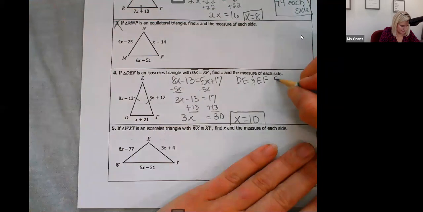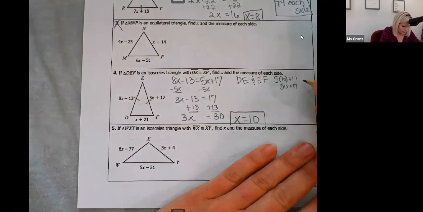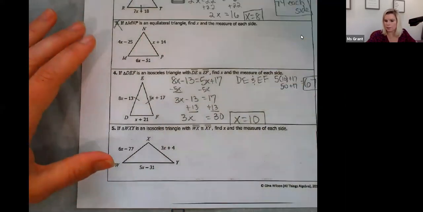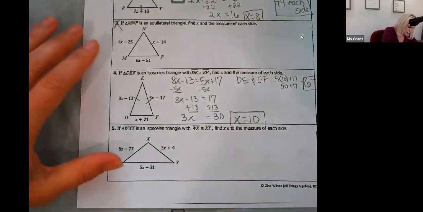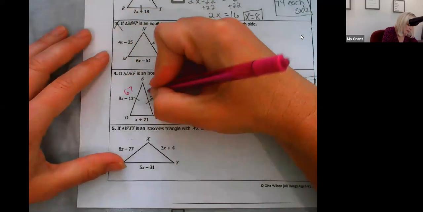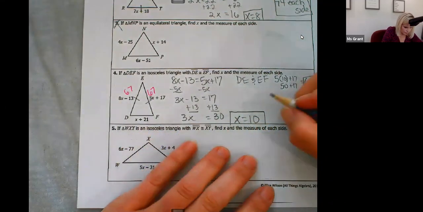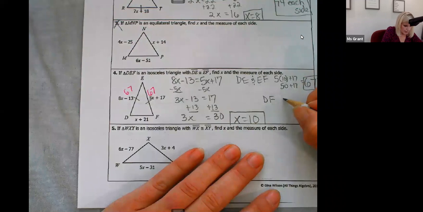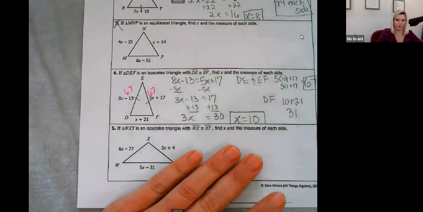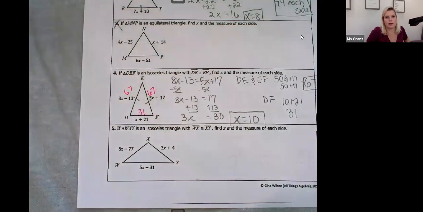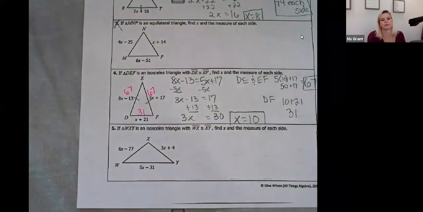How about 5 times 10 plus 17? 50 plus 17, 67. That's these ones. Let me use a color. 67 and 67. But then DF is 10 plus 21. That's 31. So there I found the measures of each side.